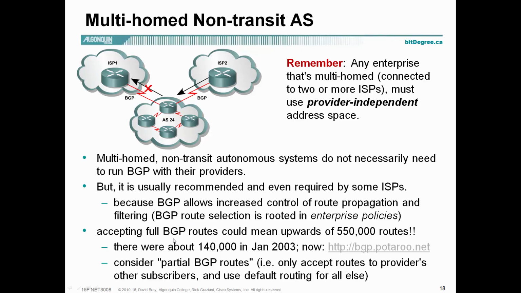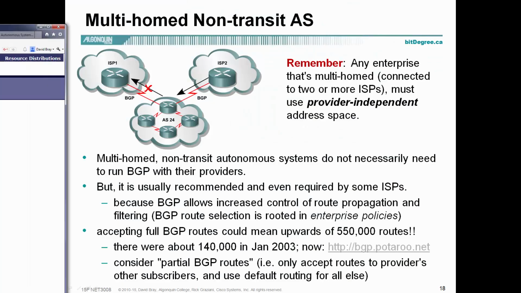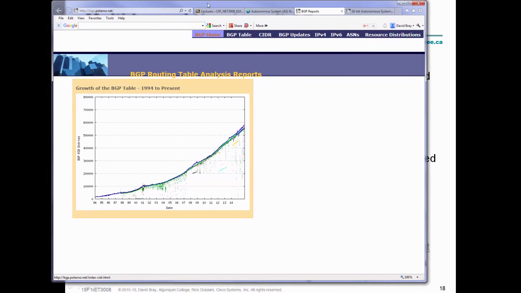So again, remember, if you accept full internet BGP routing, you're talking about over 500,000 routes. To compare, in January of 2003, there were about 140,000 BGP routes in the internet. Now, there are more than 500,000. So I'll just bring up my browser here, and you can see the link up here. This is bgp.potoroo.net. This is a graph showing how many BGP routing information base entries there are now.